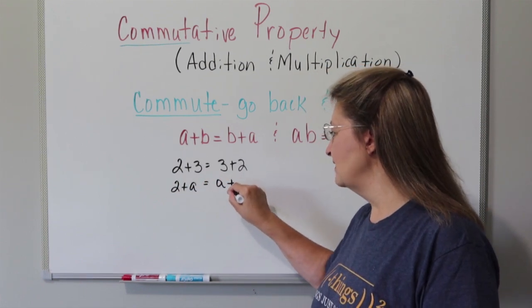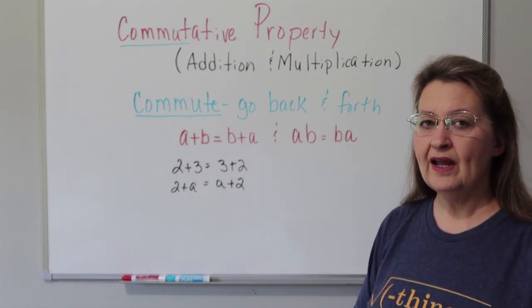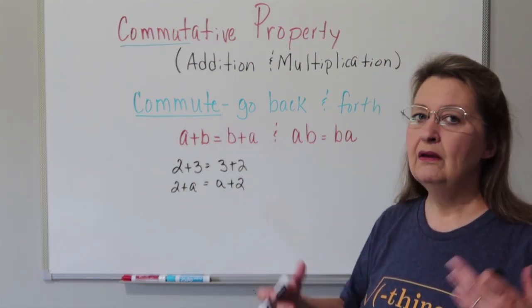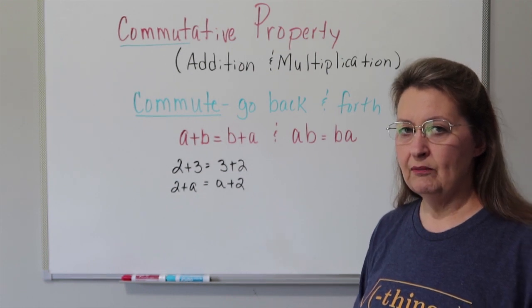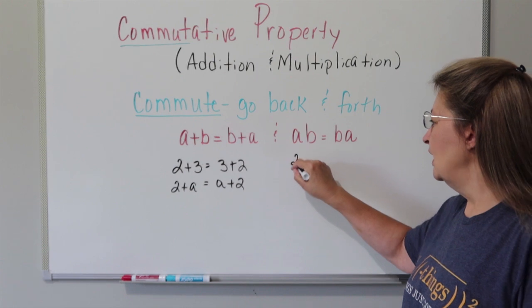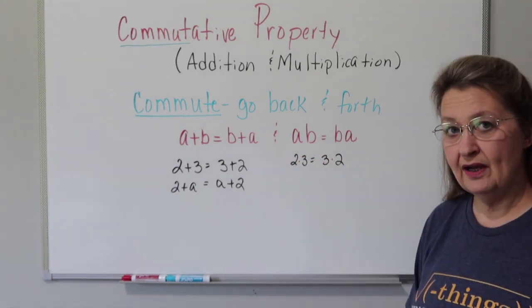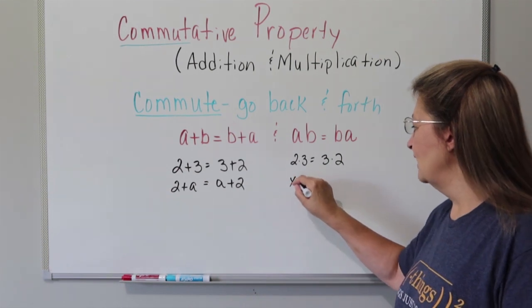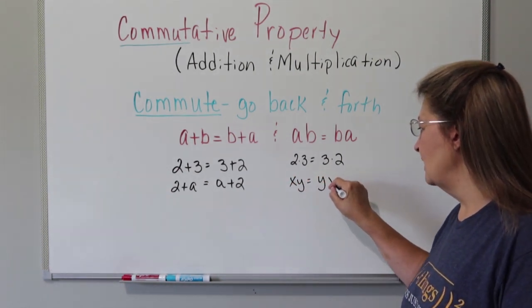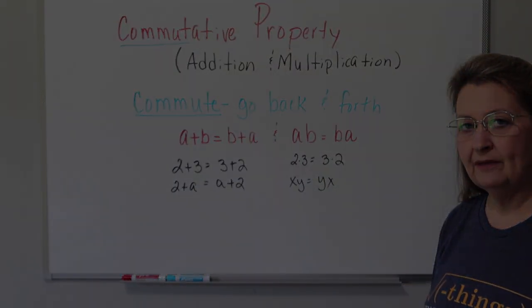You could say, that's the same thing as a plus 2. This is what lets us rearrange those numbers for grouping whenever we need to combine like terms. Same thing with multiplication. If you've got 2 times 3, that's the same thing as 3 times 2, right? If you've got x times y, that's the same thing as y times x. And that is the commutative property.